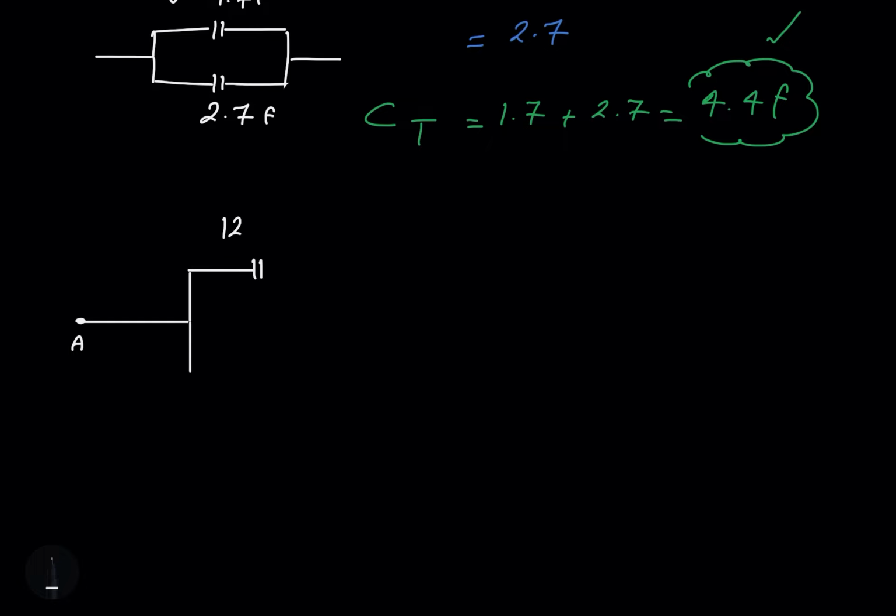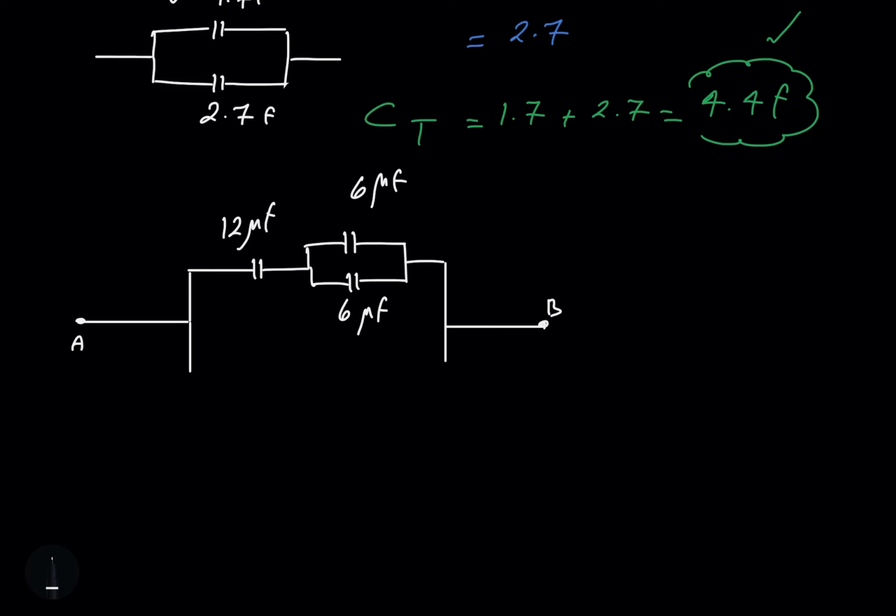We have a 12 microfarad capacitor here that is connected across these 6 microfarad capacitors, again with a separate junction, and then another 6 microfarad capacitor, and this one goes down. Here we have the other end, B, and then we have a 12 microfarad capacitor at the bottom side here.